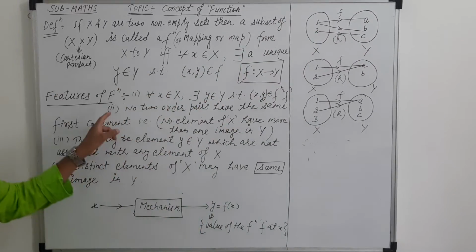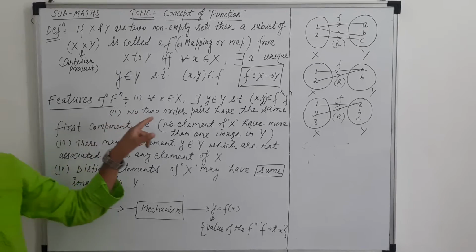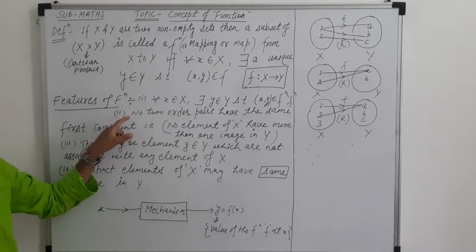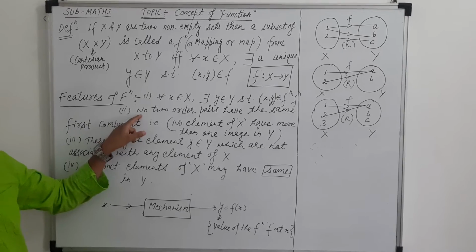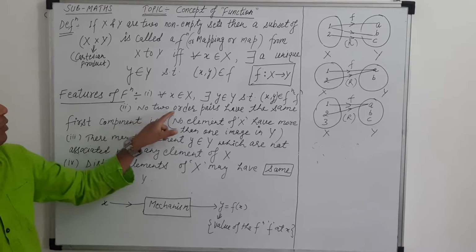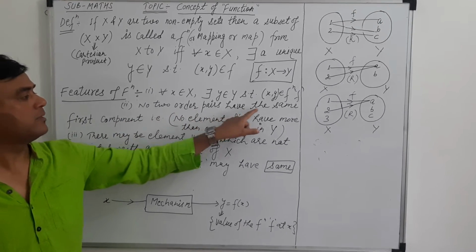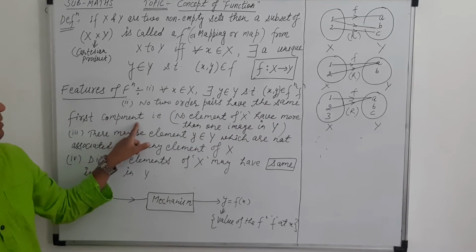So we have to go for the second feature. How can we consider a relation as a function? The second property is that no two ordered pairs have the same first component.